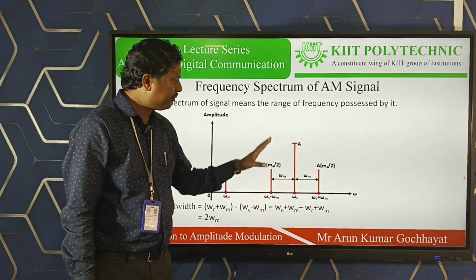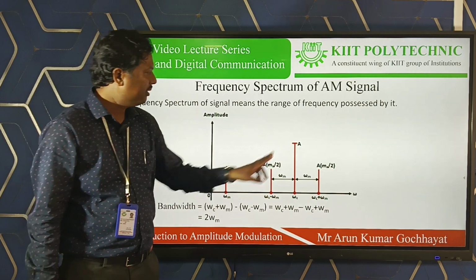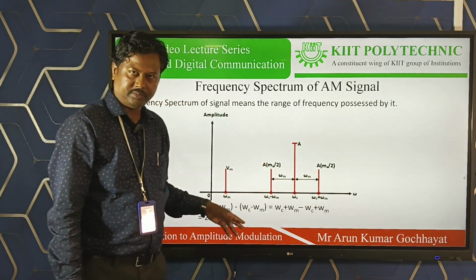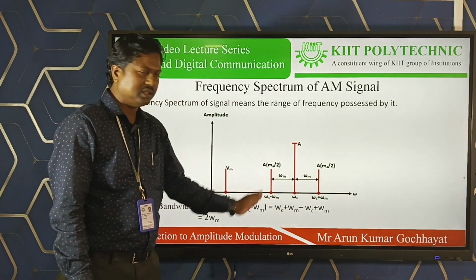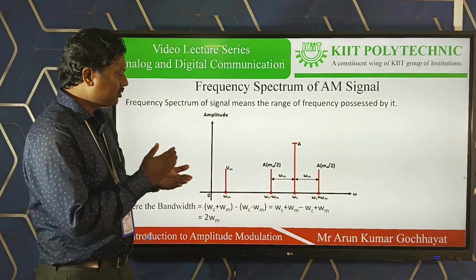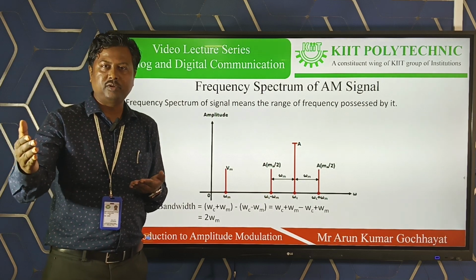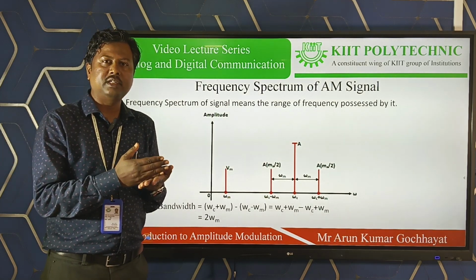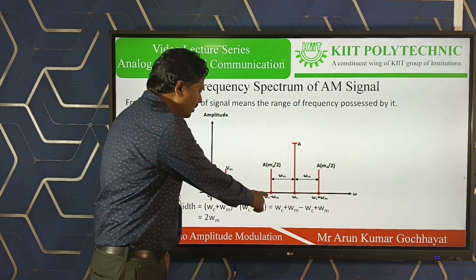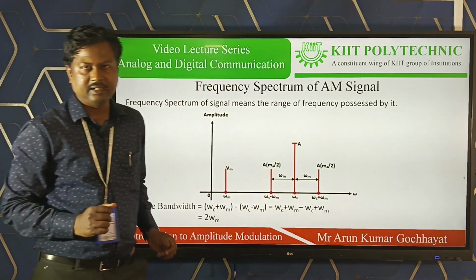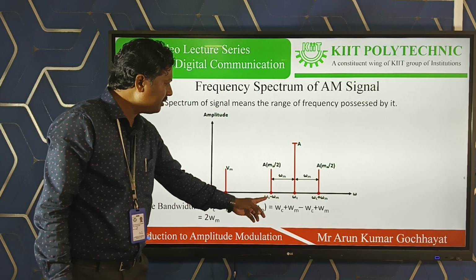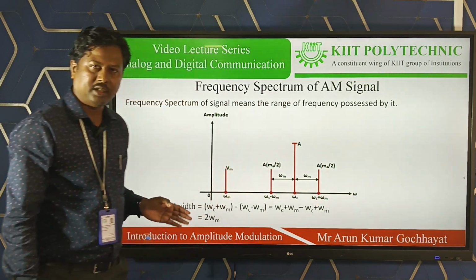We got the idea that the modulated signal comprises three parts: carrier, upper sideband, and lower sideband. The carrier has a certain frequency, the upper sideband has a certain frequency, and the lower sideband has a certain frequency. So the range of frequency of the modulated signal extends from the frequency of the lower sideband to the frequency of the upper sideband, that means omega c minus omega m to omega c plus omega m.